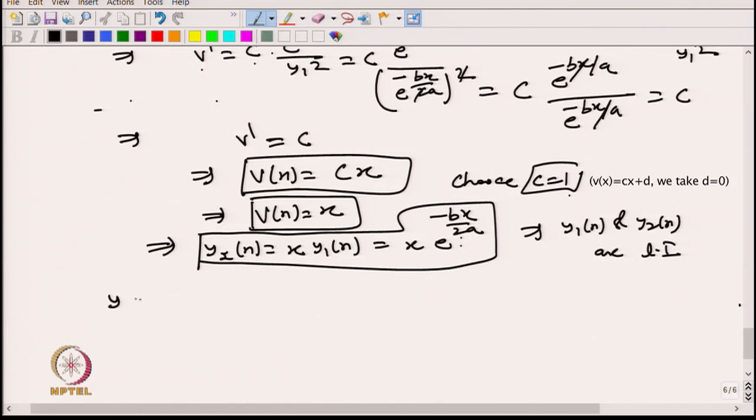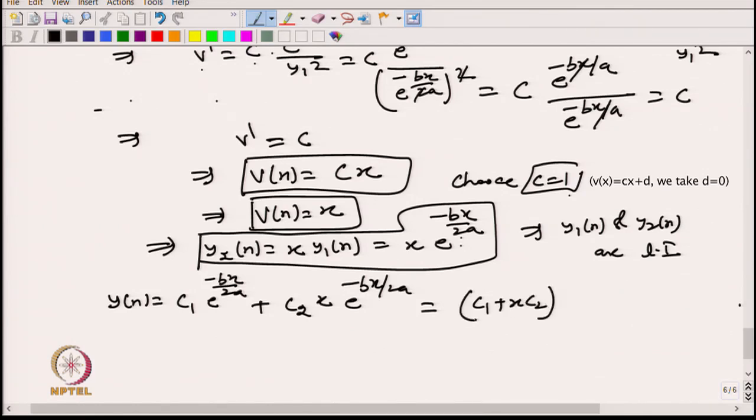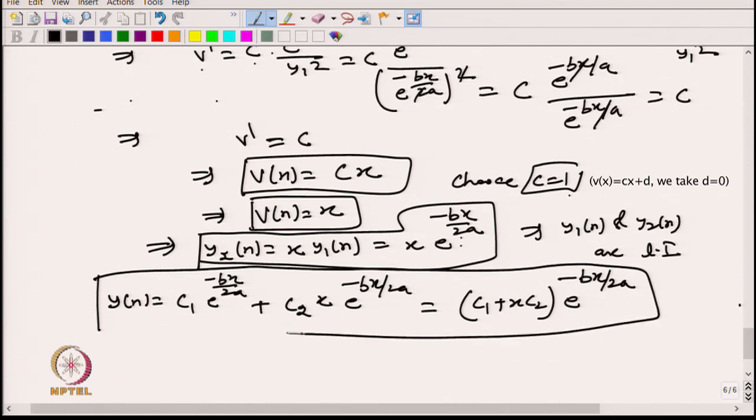So, the general solution I can write as yx is equal to c1 e raised to power minus bx by 2a plus c2 x into e raised to power minus bx by 2a, and from here I can write this one as c1 plus x c2 into e raised to power minus bx by 2a. So, that is my general solution for this differential equation, and these are the case when the roots are repeated.